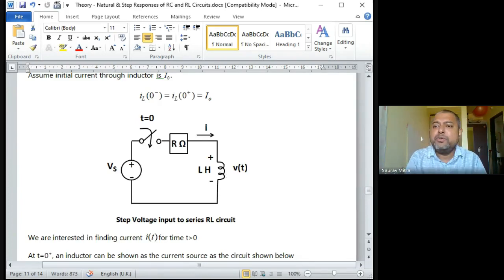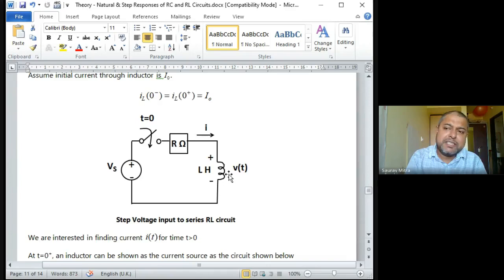Natural response is a little difficult to understand. For natural response, also, initially we give some supply, and when the inductor or capacitor is fully charged, we remove the supply and connect the R to the ground. That means we are providing a discharge path for the energy stored by the inductor when it was getting charged.